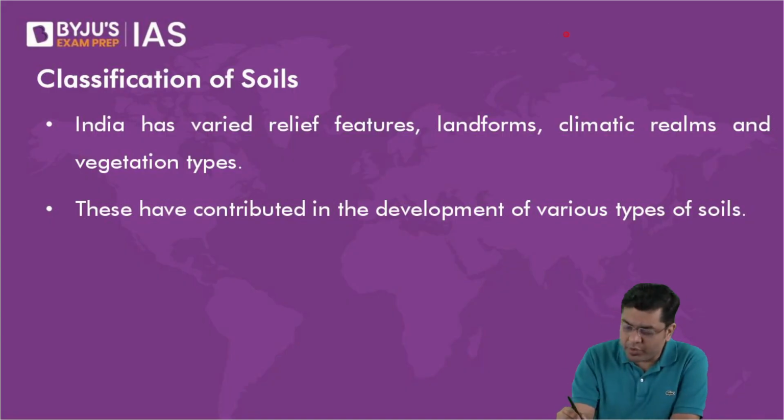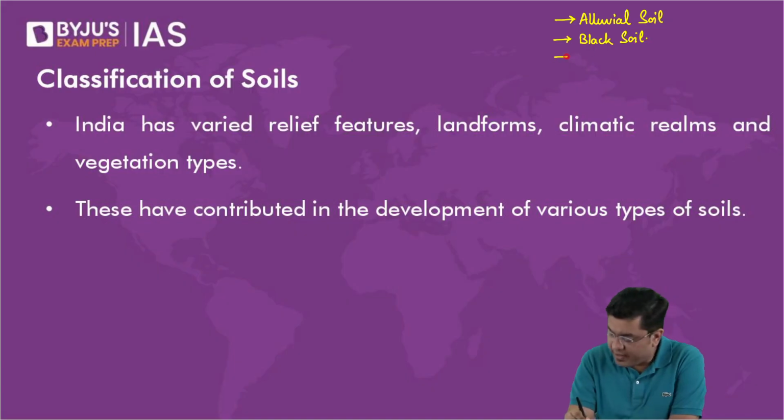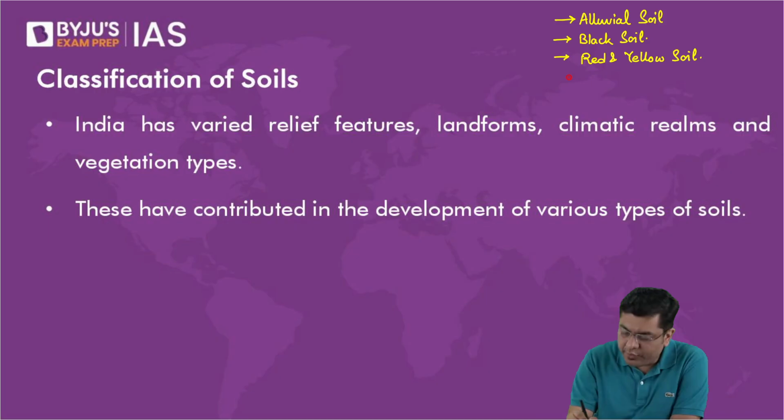What is required is the prevalence of four to five types: alluvial soil, black soil, red and yellow soil, and laterite soil.